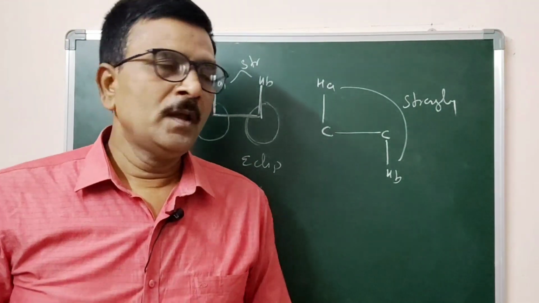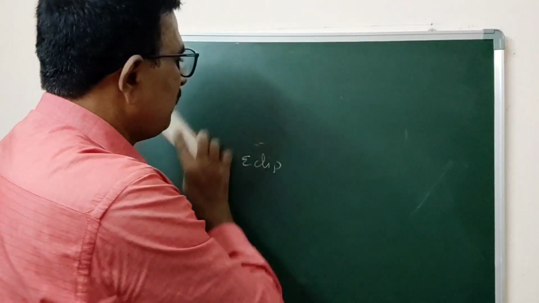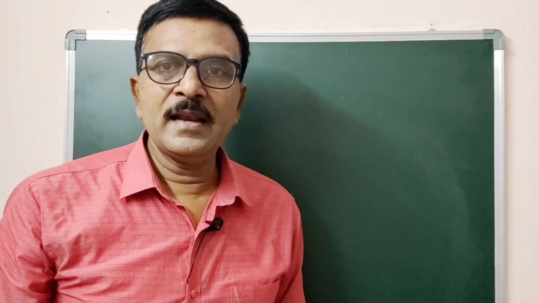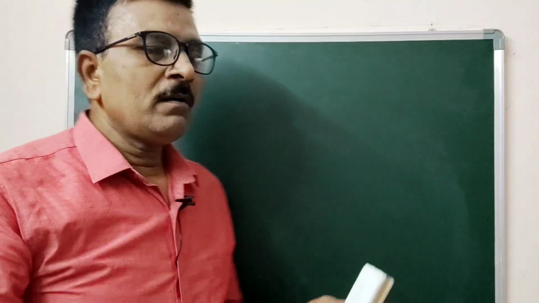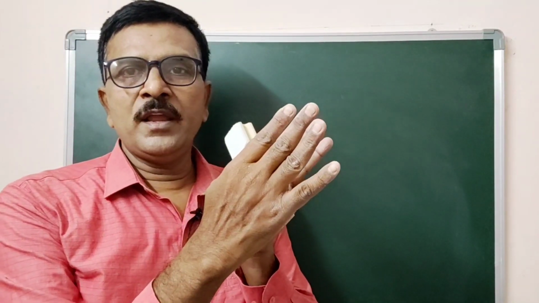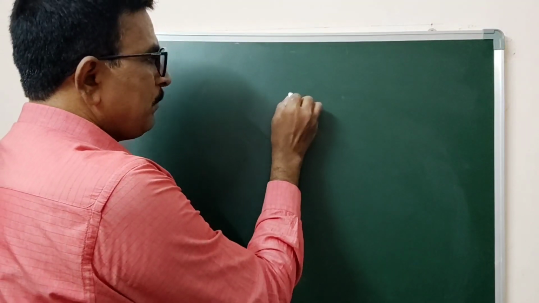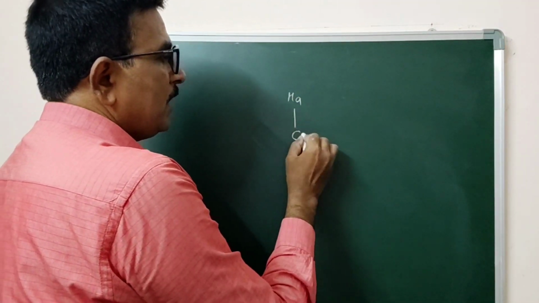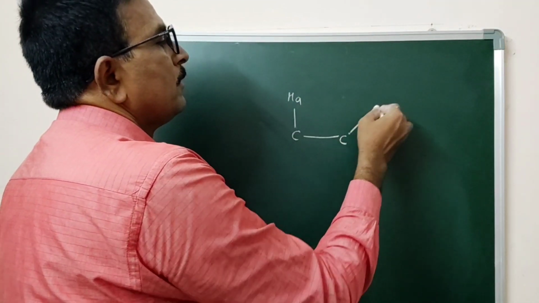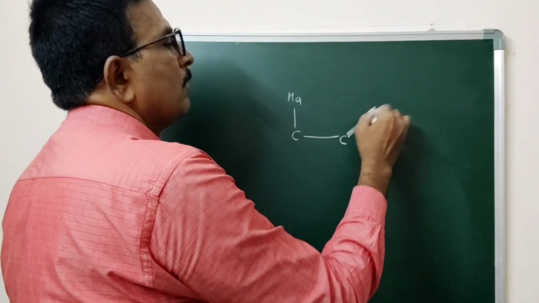Is it clear? Now when the conformation is Gauche, that is the dihedral angle is 90 degree, one hydrogen is moving above the plane, the other hydrogen moving below the plane, which can be represented in this way, Hb.